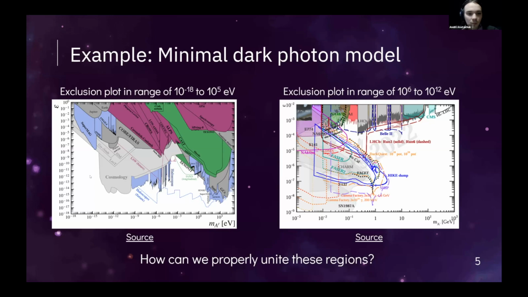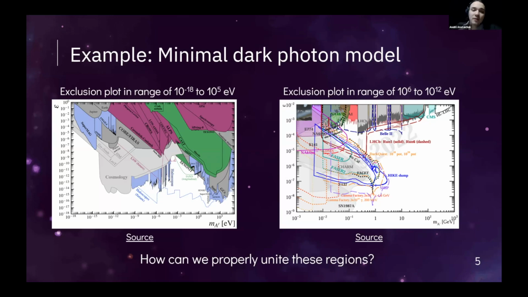What I wanted to show is that there actually exists a subdivision in this one model. You can see clearly that these are two completely different regions. They do not overlap, because one of them starts from 10 to the power of minus 18 up to 10 to the power of 8 in eV, and the other starts from 10 to the power of 6 and ends at 10 to the power of 12.